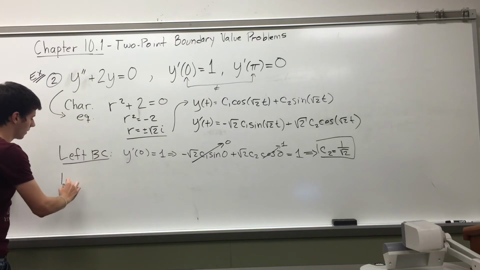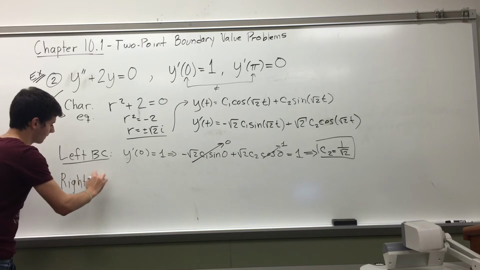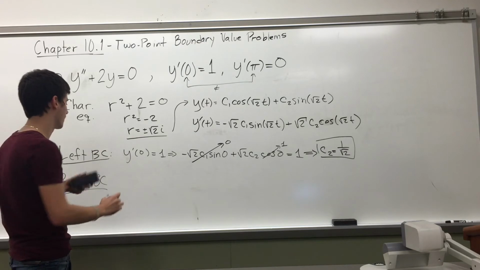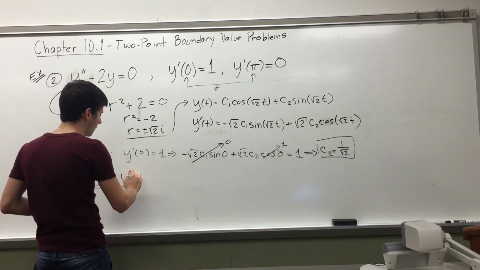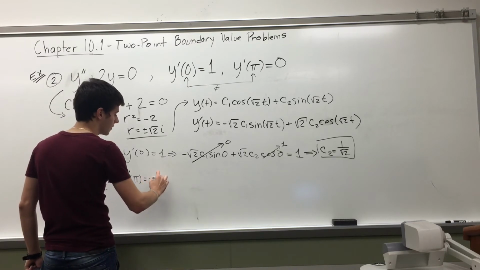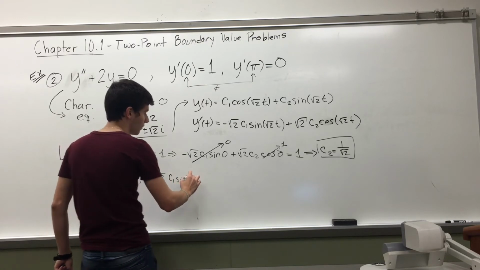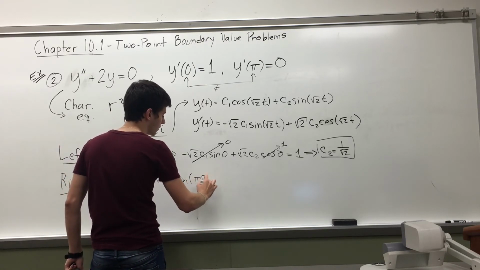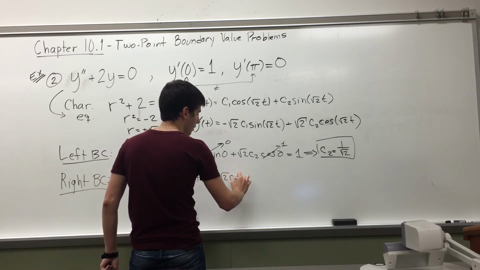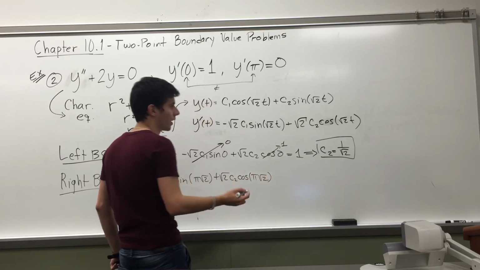Now let's talk about our right boundary condition. So our right boundary condition is y prime of pi is equal to 0. Y prime of pi is equal to negative square root of 2 c1 sine of pi square root of 2 plus square root of 2 c2 cosine of pi square root of 2, right?